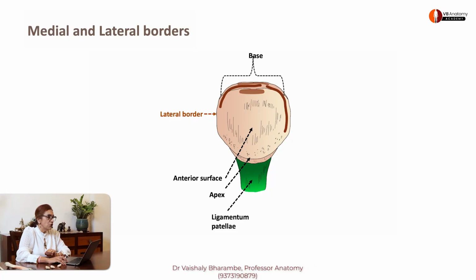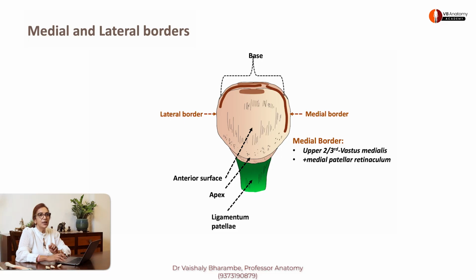Before we discuss any further about the muscle attachments, let us finish the discussion of borders. So this is the lateral border, this is the medial border. Extending along the upper 2/3 of the medial border is vastus medialis.